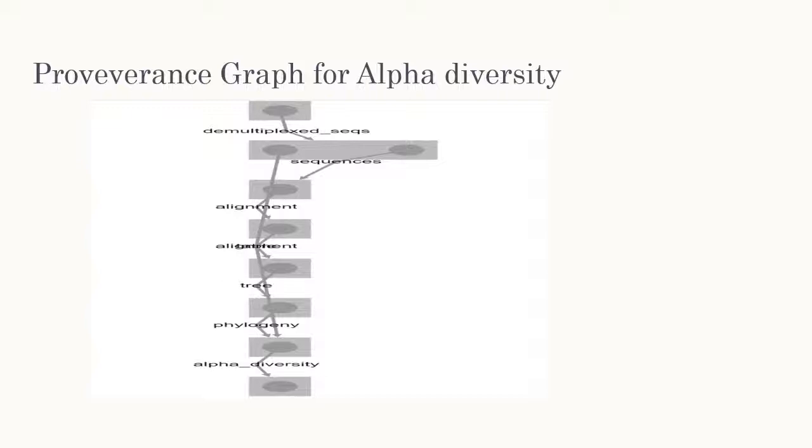Here we have the provenance graph for the alpha diversity. First we need to demultiplex the sequences, and when we get the output sequence, these are aligned and assigned the taxonomy, fed into the tree, and then the phylogeny is inferred. After working on these steps, the next step is finding out the alpha diversity.